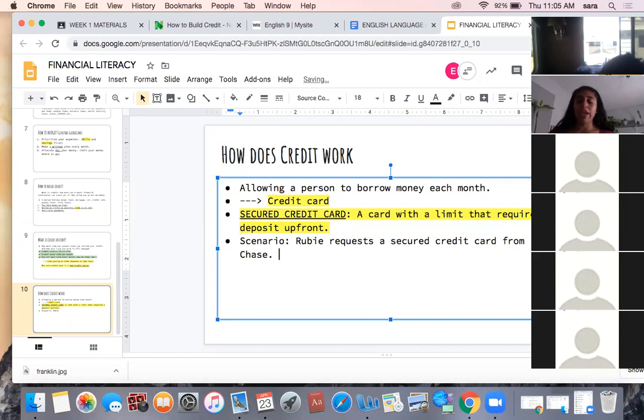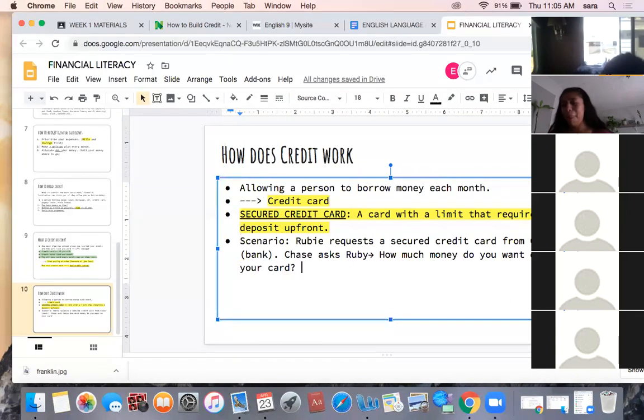Chase is the bank, not a person. Chase asks Ruby the following question: how much money do you want on your card? Remember, the less you borrow, the less you have to pay back. So how much would you want? Like 150. There you go, that's a good answer. And Ruby says 150.